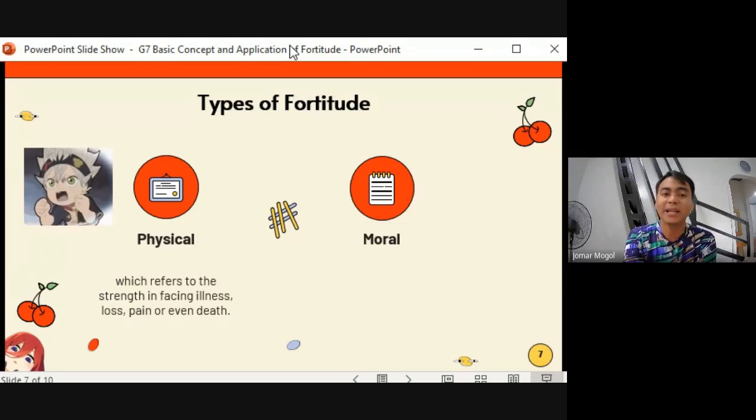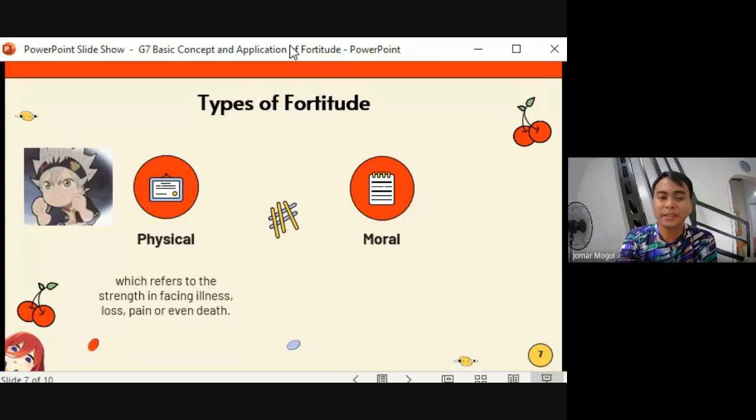Kinakailangan niyang maging malakas. Okay? So, ang ginawa niya, pinalakas niya yung kanyang katawan by means of doing push-ups, sit-ups, and exercise to strengthen his body, and his magic became na ang magic niya is never give up.